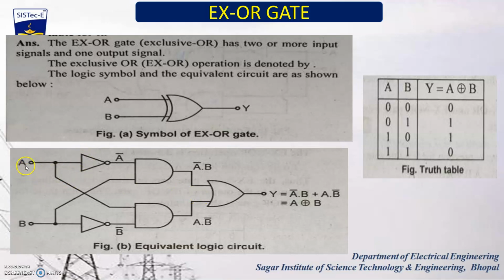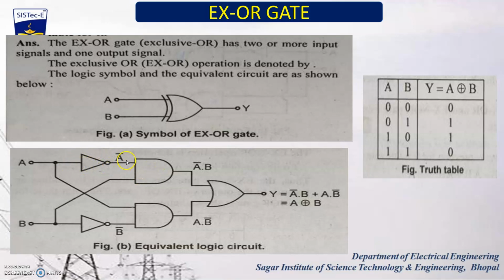Here the inputs A and B are the primary inputs to the NOT gates, and the output of the first NOT gate is A bar, and similarly the output of the second NOT gate is B bar. For the first AND gate, we have taken two inputs.